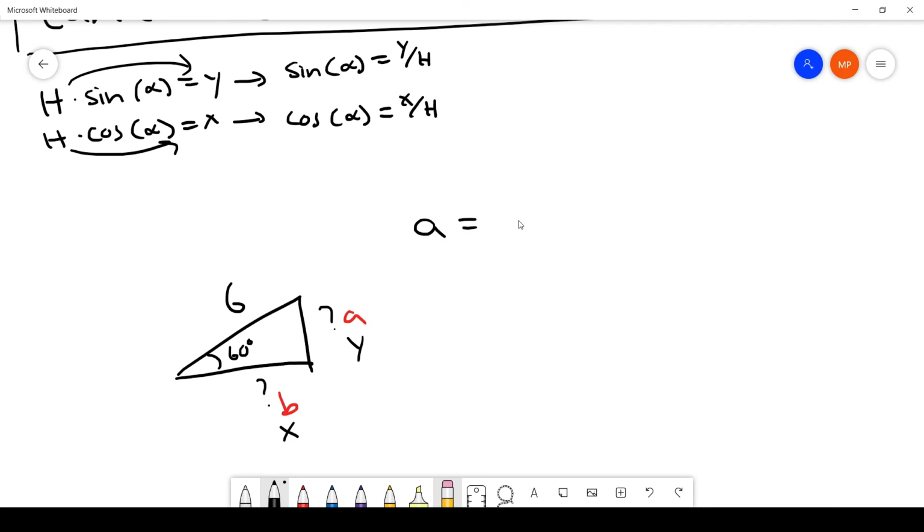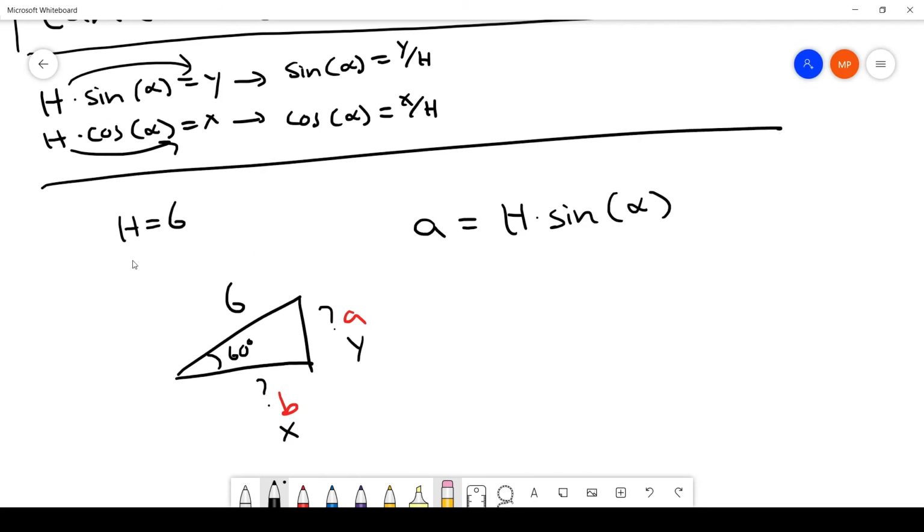We can say that A is equal to our hypotenuse times, if we want to get the y value, we're going to need sine of alpha, in which for this problem, h is equal to 6, alpha is equal to 60 degrees, and that's all we know. And so this is equal to 6 times sine of 60 degrees.